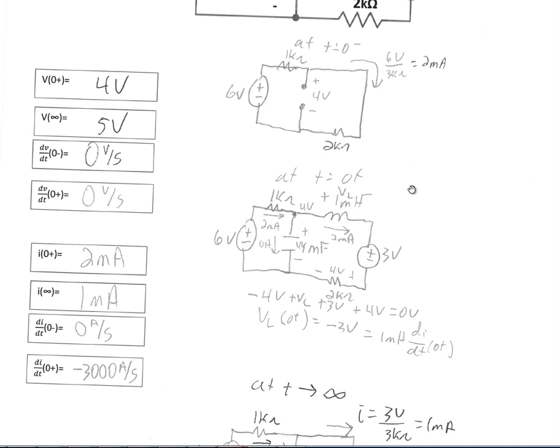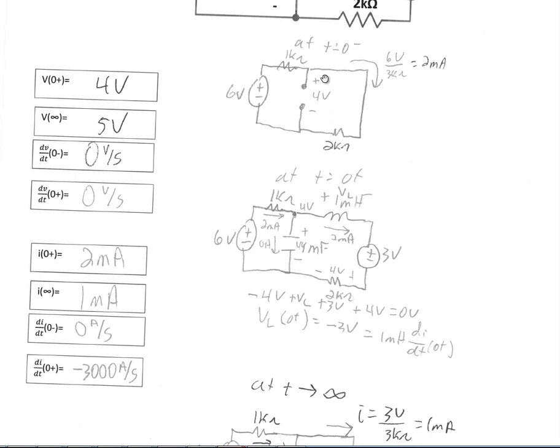Now, we can get some of our initial conditions for the derivatives here based upon thinking about what is actually happening at steady state and what's actually happening as soon as we transition into turning on the other voltage source and currents starting to flow in different directions than maybe they were before. So if we think about this dV dt at 0 minus, what do we mean by things being at DC steady state?